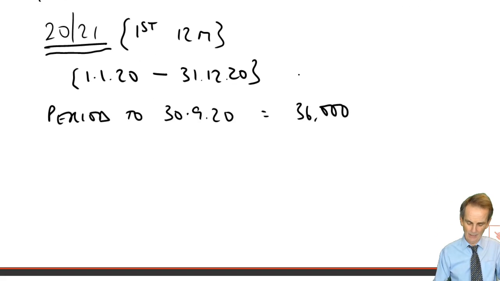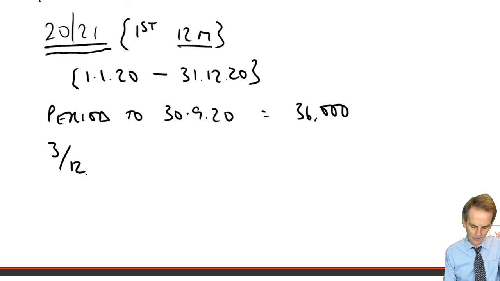So back to our second tax year. The first 9 months of this first 12 months of trading is that opening short accounting period. But that is only 9 months. We want the first 12 months. So we clearly need another 3 months to bring this up to 12-month period. And that 3 months will be taken from the second accounting period, and the second accounting period will always be a year end, so that's 12 months.